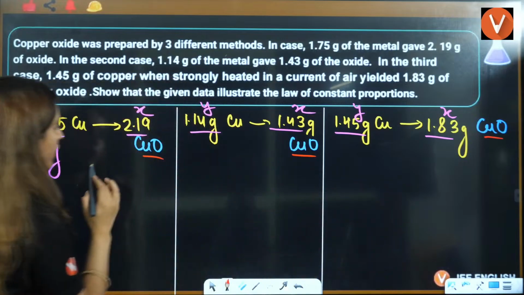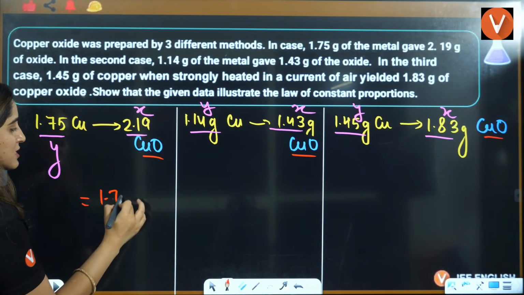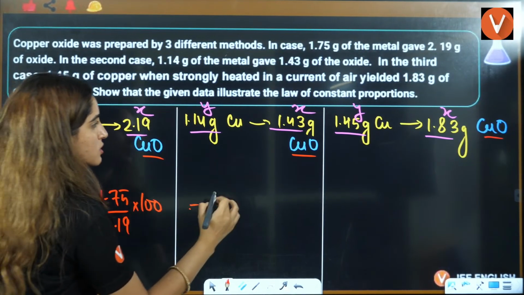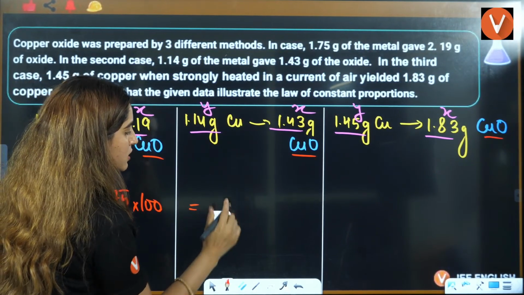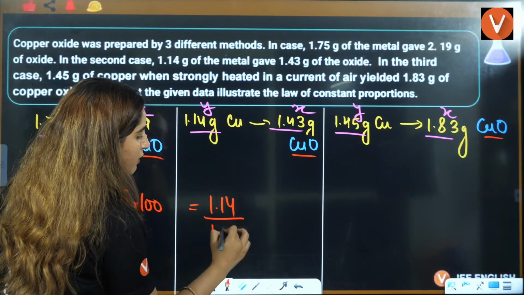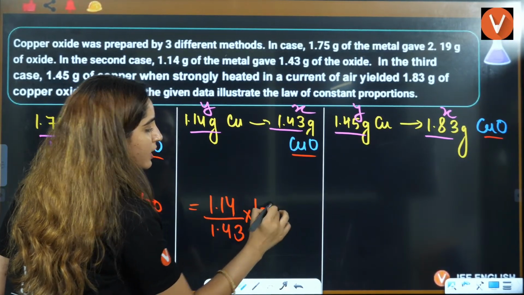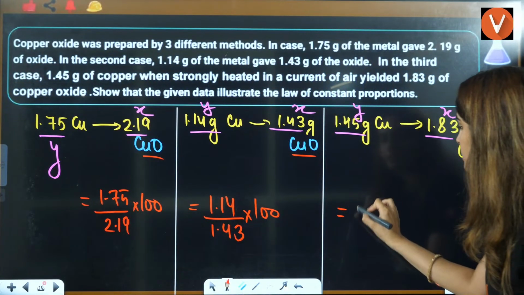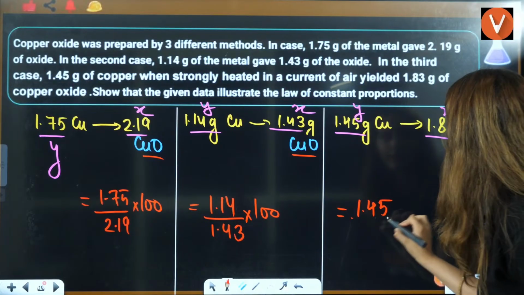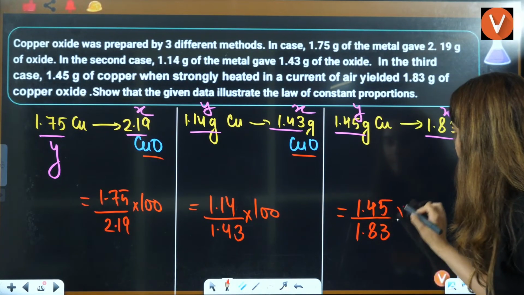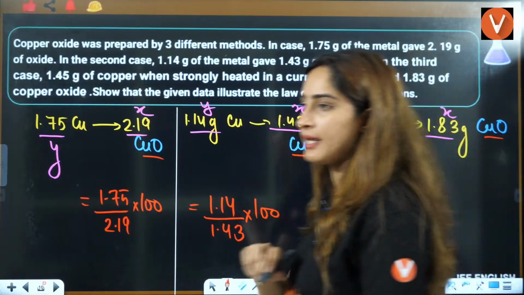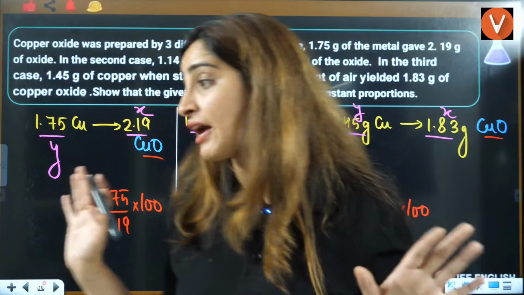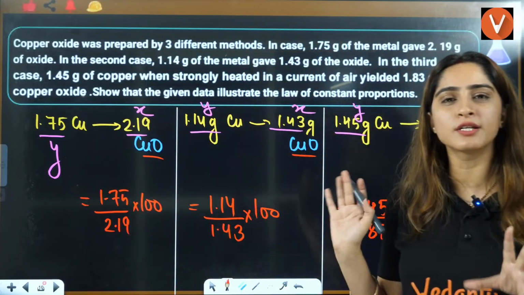So here it is going to be 1.75 divided by 2.19 multiplied by 100. This one is going to be 1.14 divided by 1.43 multiplied by 100. And for this one, y by x is 1.45 divided by 1.83 multiplied by 100. By doing this, you will get your answer. Everybody clear on this part?